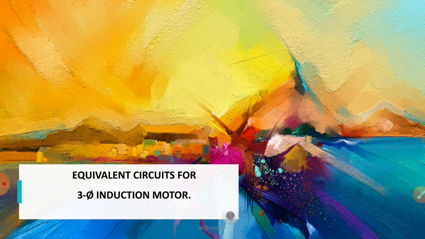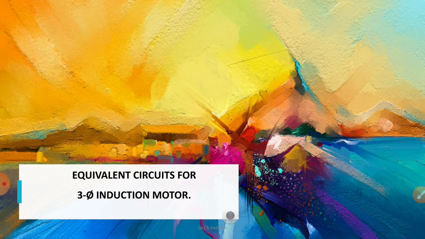The number of turns in primary and secondary depends upon our requirement and applications. If the number of turns in the secondary is less, it is a step down transformer. If the number of turns is more, it is a step up transformer. Step up transformers are generally used in power generating stations, whereas step down transformers are used at distribution substations.